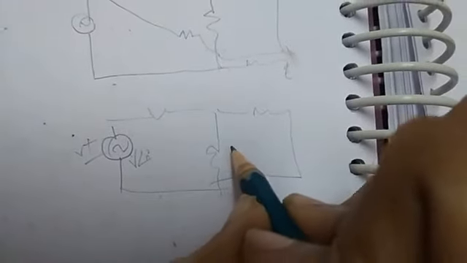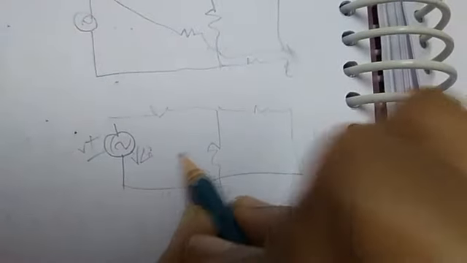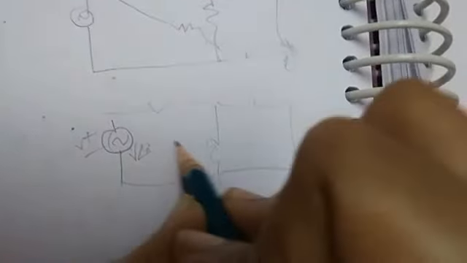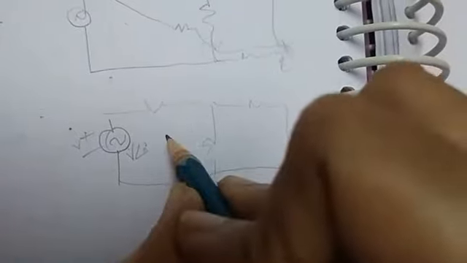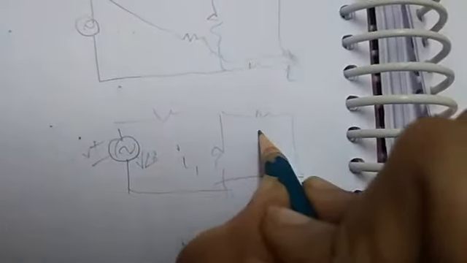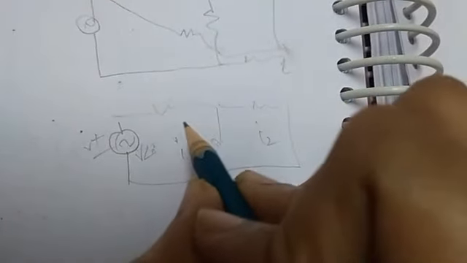in the perfect way. Here I am assuming a circuit with two meshes, so the mesh currents will be I1 and I2. For my ease of convenience I am assuming the current directions as clockwise.